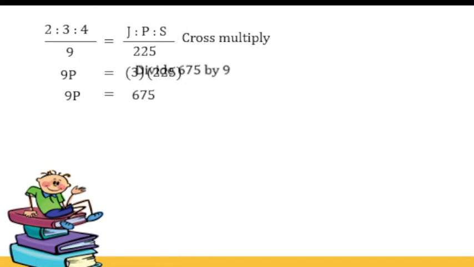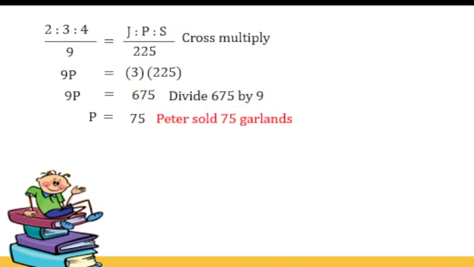Then divide by 9. So the result will become 75. Then Peter sold 75 garlands. Okay, next.